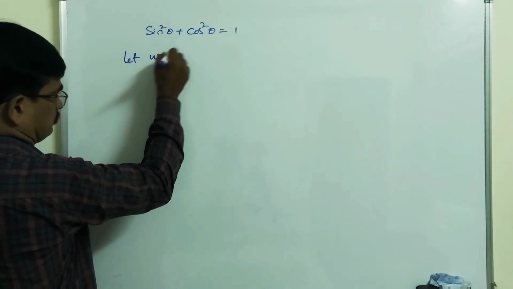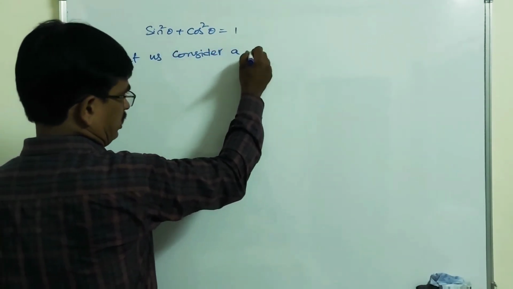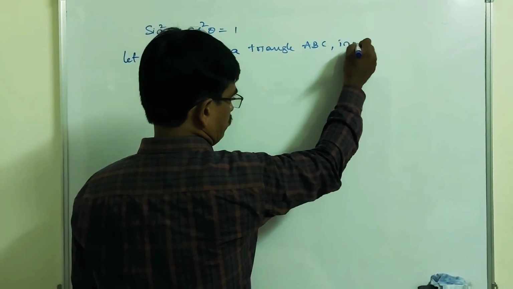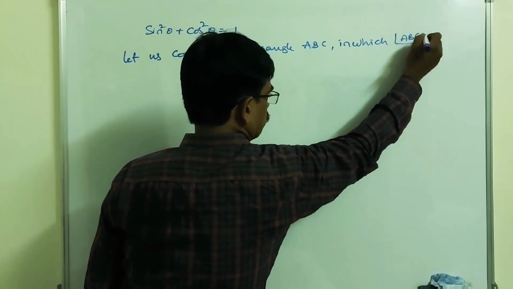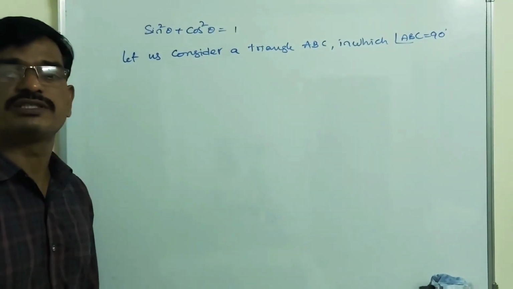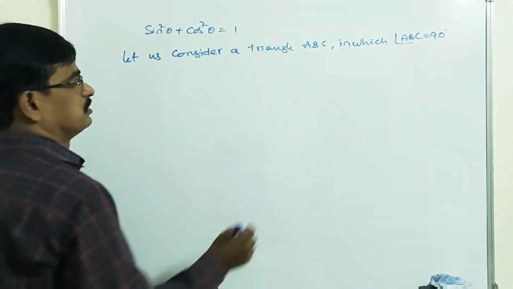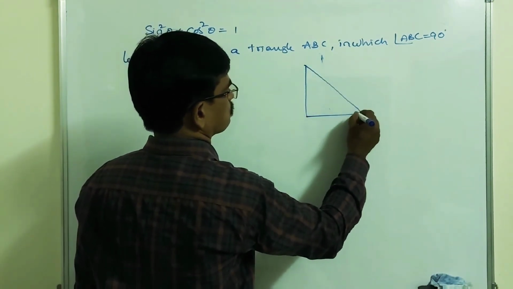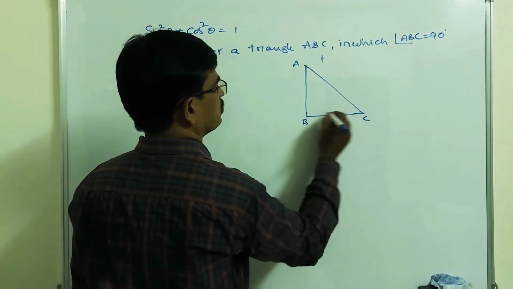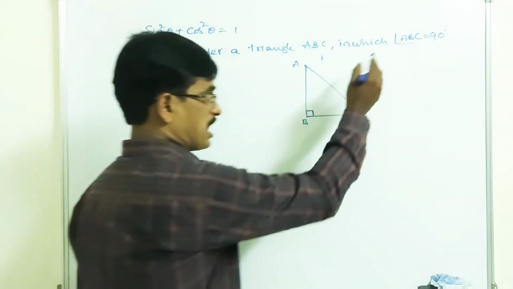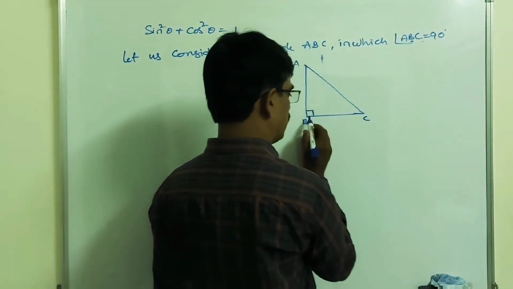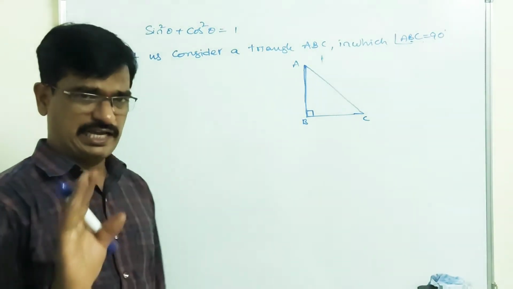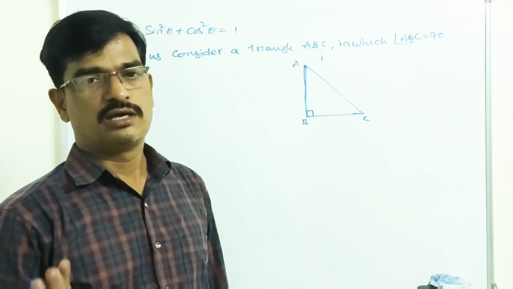So let us consider a triangle ABC in which angle ABC is equal to 90 degrees, that is, a right angle at vertex B. Everyone knows that in a right triangle the longest side is the hypotenuse.